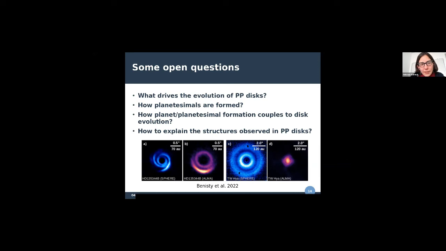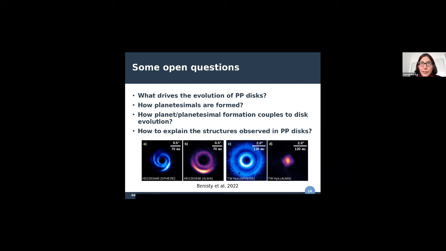But if you have tools or ideas that you have developed in another domain that could help to answer some of these questions, I think it would be very interesting. So what drives the evolution of the protoplanetary disk, how are the planetesimals formed, and is there a coupling between these two processes?